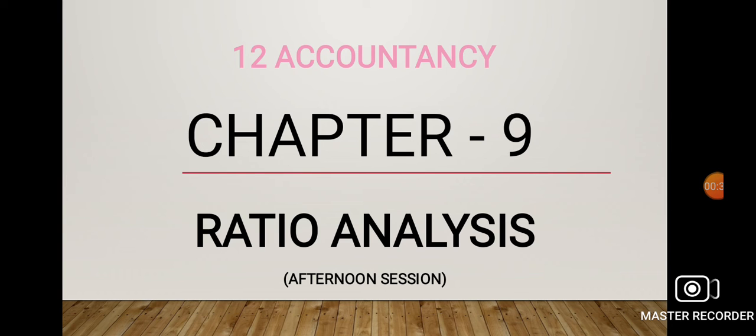Generally, these ratios are expressed as a percentage. The profitability ratios commonly used are gross profit ratio, operating cost ratio, operating profit ratio, net profit ratio, and return on investment. All these topics will be discussed in this class.